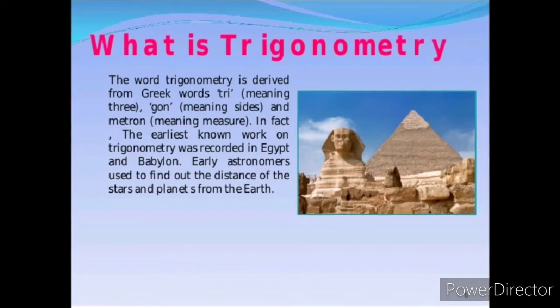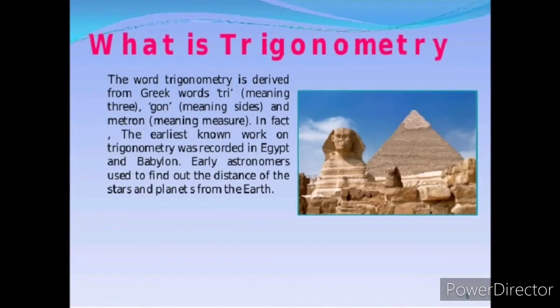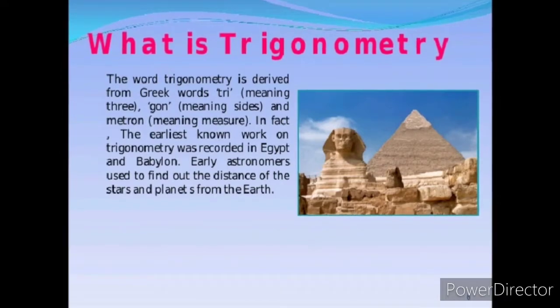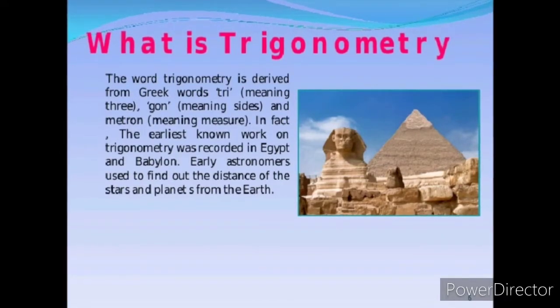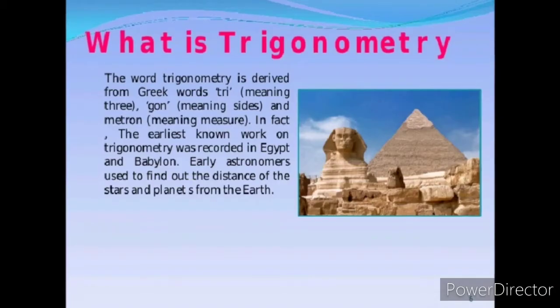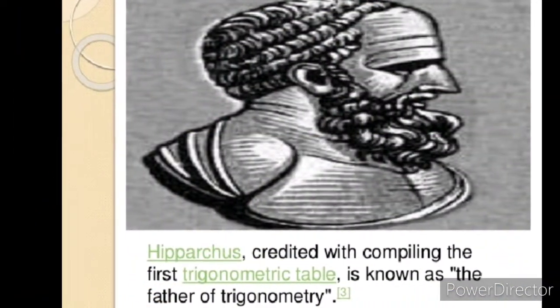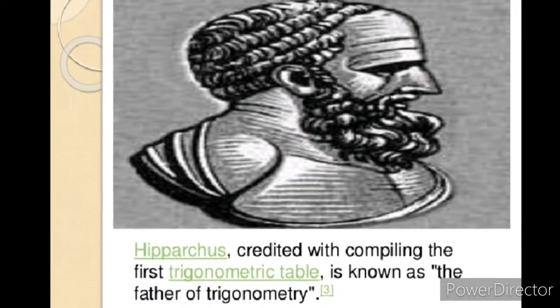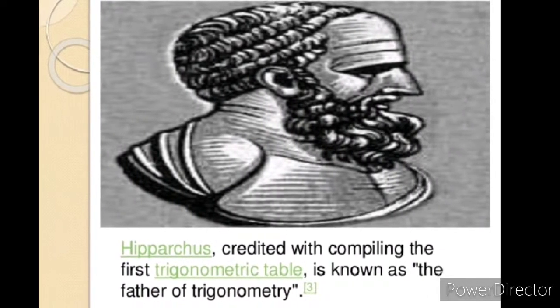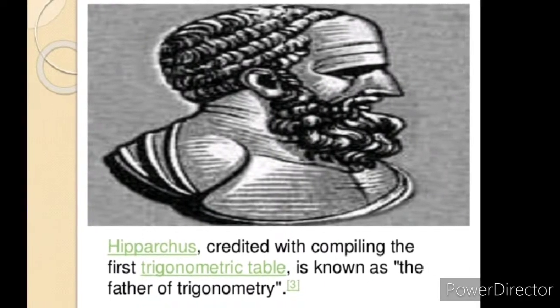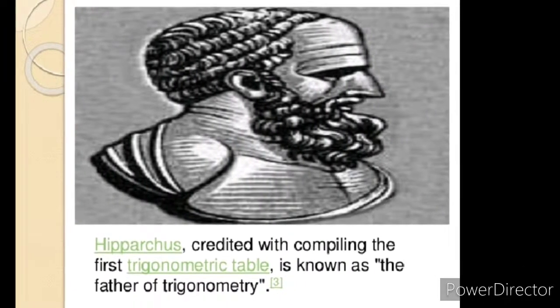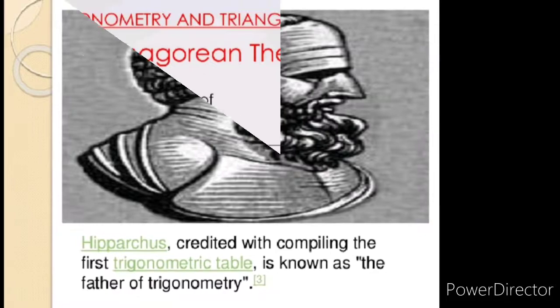Early astronomers used to find out the distance of the stars and planets from the earth. Observe the picture, children. Hipparchus, credited with compiling the first trigonometric table, is known as the father of trigonometry, children.